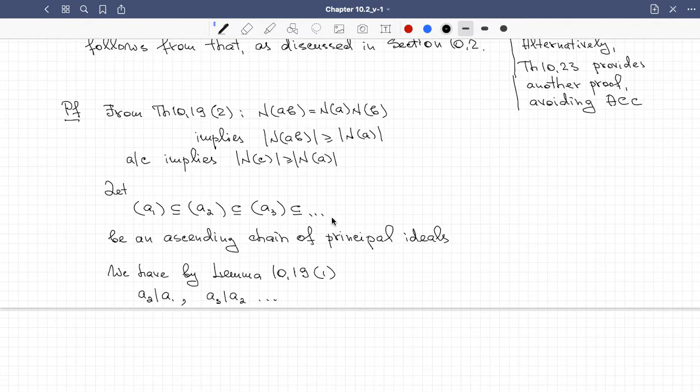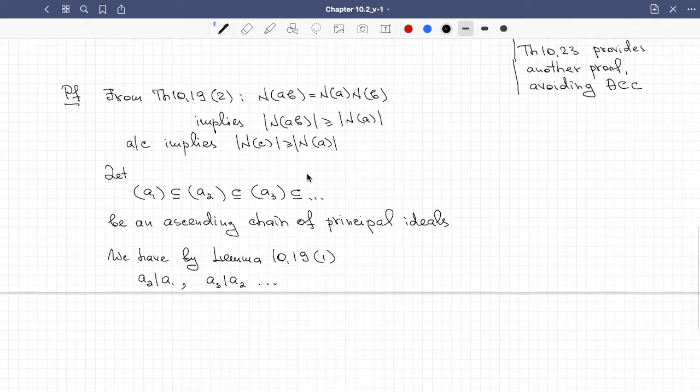Now we take norms of all these generators of ideals. We considered only principal ideals. So let us take norms and recall that divisibility implies an inequality of absolute values of norms.